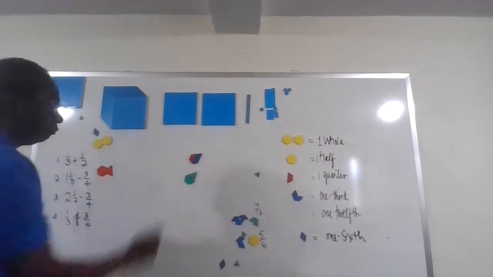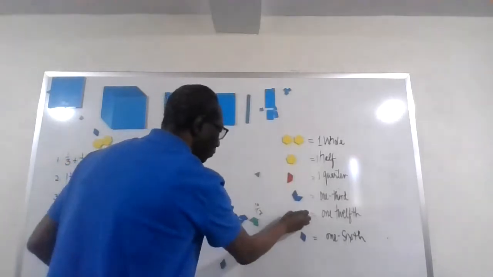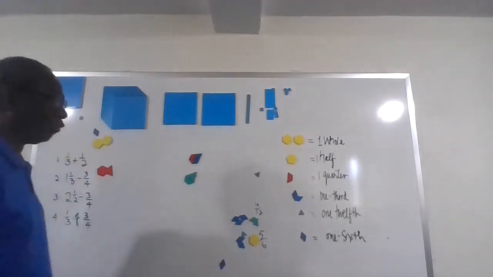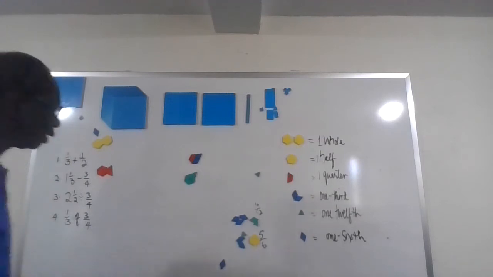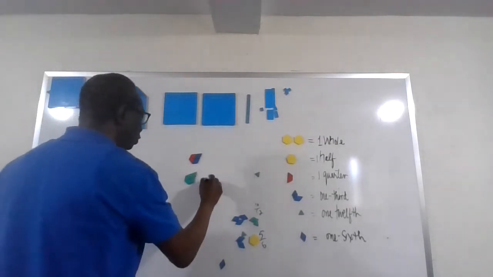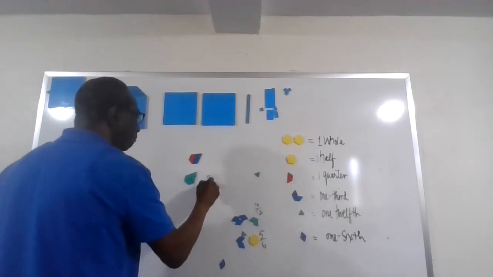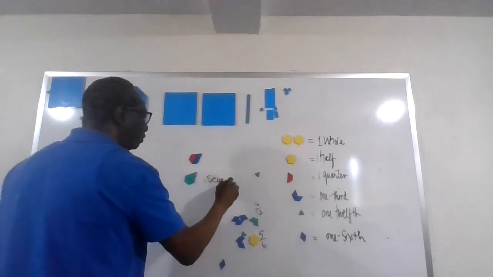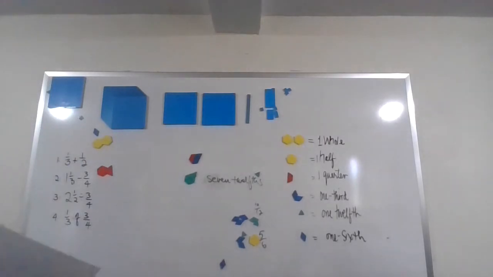Seven of these. But what are those? Originally, we said that that was a 12th. So I have 7 of them. So I expect that my answer would be 7 12ths. Or I'd like for you to write it in words: 7 12ths.